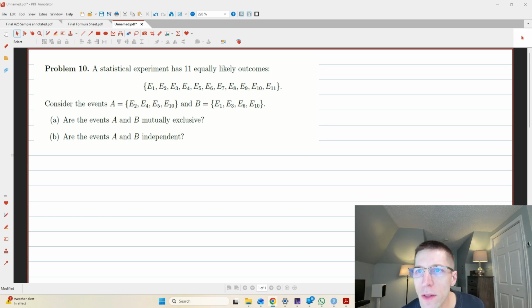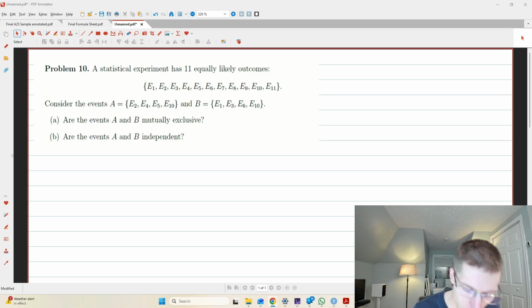So problem 10 says we have 11 equally likely outcomes, E1 up to E11. Consider these two events A and B. Are they mutually exclusive and are they independent? So for part A, about mutually exclusive, you just look at the intersection and see is it empty or not.